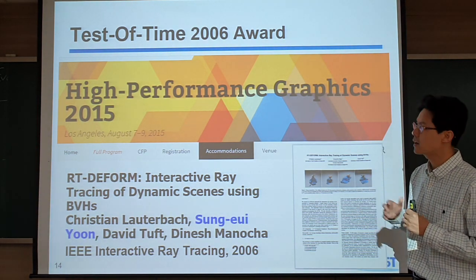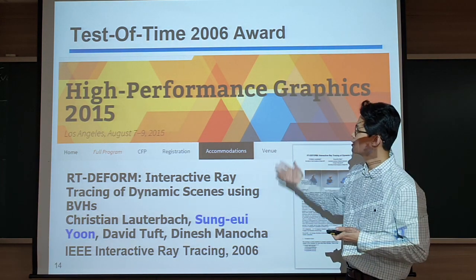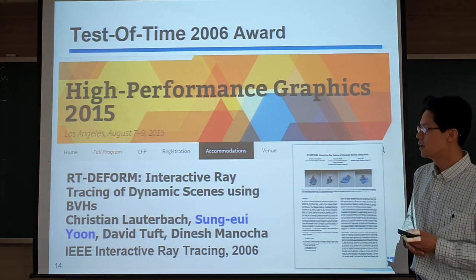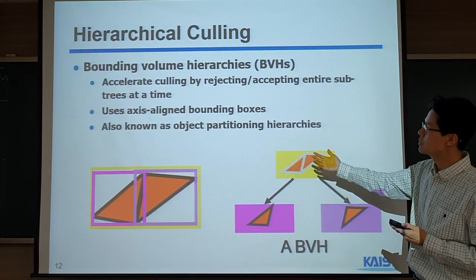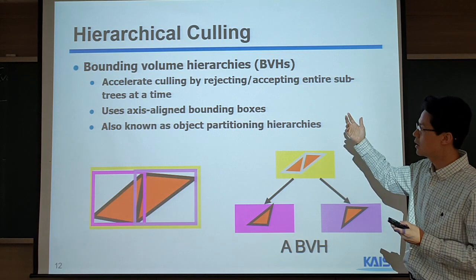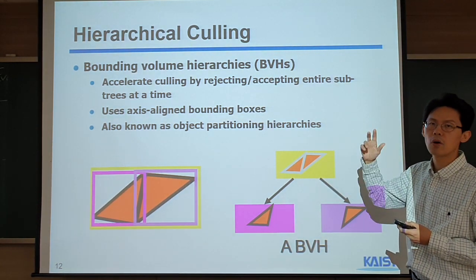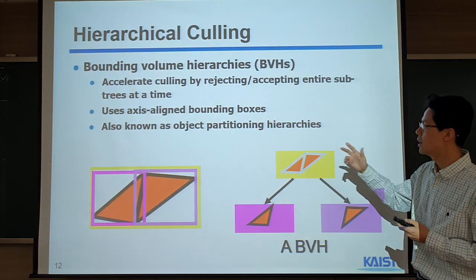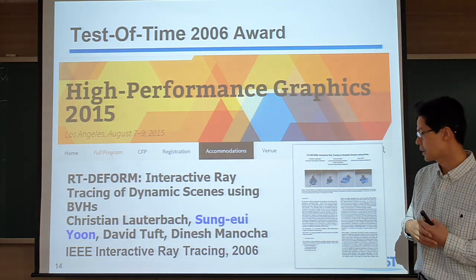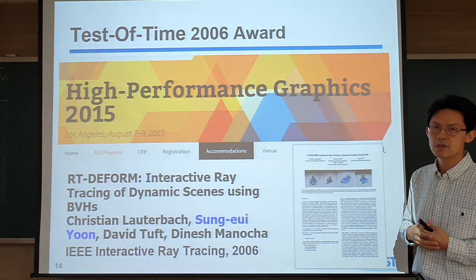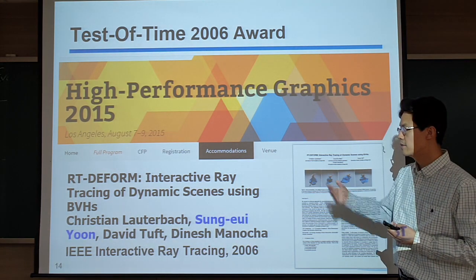It is also used a lot for ray tracing these days. So we got this kind of award. It's actually very simple. We knew that we used this bounding volume hierarchy for culling, especially for collision detection. And around that time, ray tracing became popular again in terms of research. So to us, it was very natural to use the bounding volume hierarchy for ray tracing.